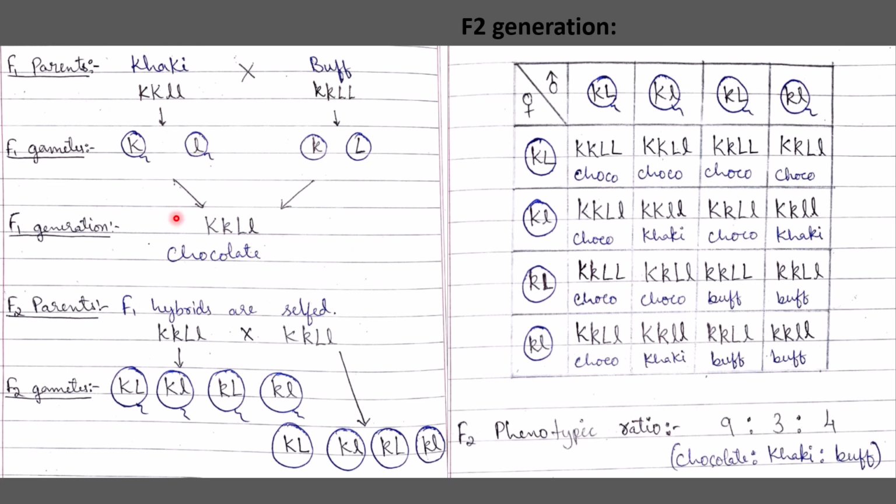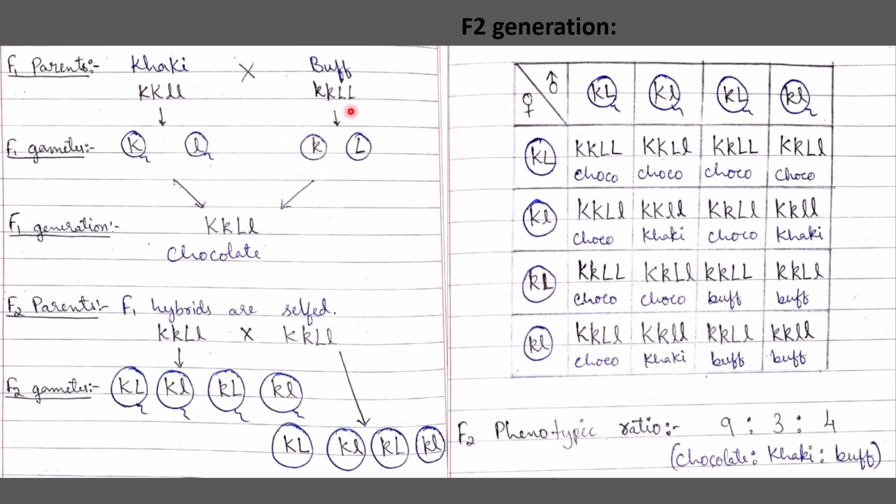It's also said that the F1 generation has chocolate color. Whenever both the dominant alleles are present, only then the chocolate color is produced. That is how we are taking dominant K for khaki, and then buff color with the recessive allele K and dominant allele L here, because that doesn't matter. This has no effect at all.